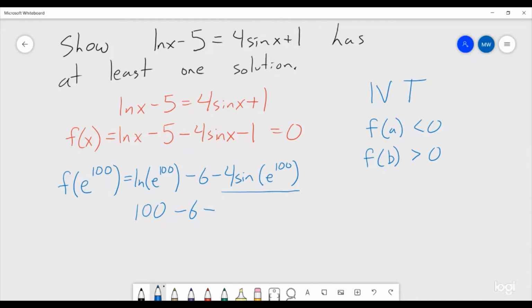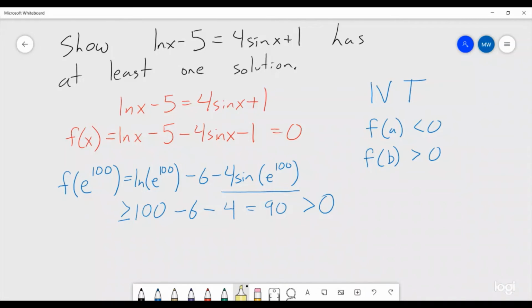Those are the two bounds that we are stuck between. So that means that this is going to be definitely bigger than 100 minus 6 minus 4. That is as small as this can possibly be. And so that means that this is going to be bigger than 90. So this is our positive answer.